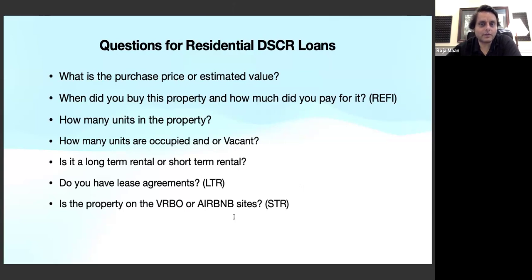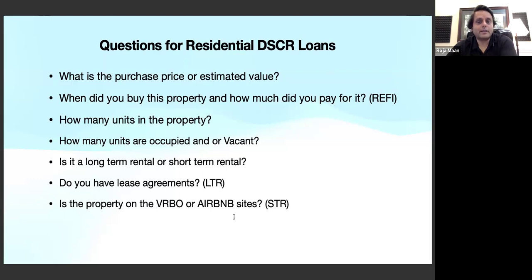So, questions for residential DSCR loans. There are questions for DSCR residential and commercial. They can be different. So what is the purchase price, or the estimated value if it's a refi? If it's a refi, what is the estimated value of the property?